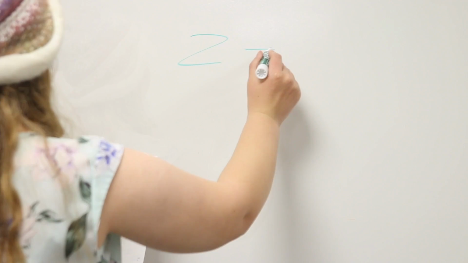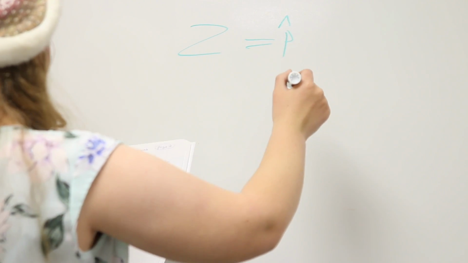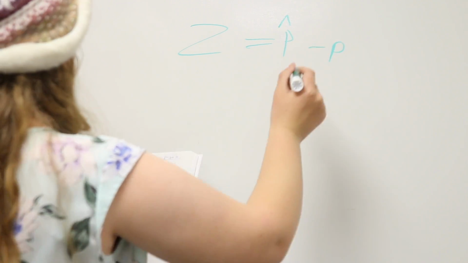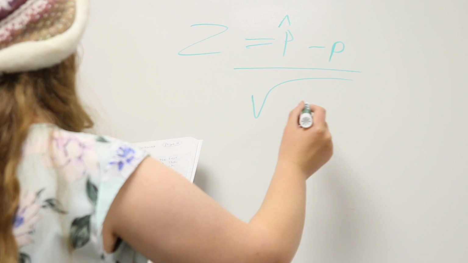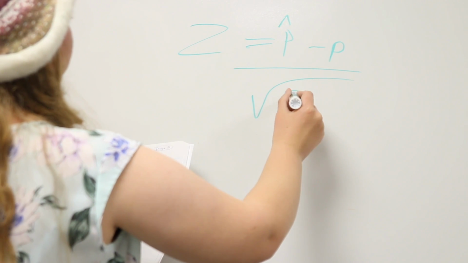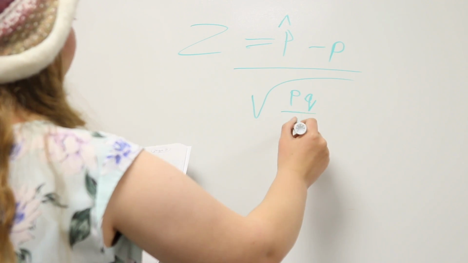For step 5, we will identify the test statistic for the p-value method. The formula for our test statistic, which we use because the problem involves population proportion, is z equals p hat minus p divided by the square root of p times q divided by n.